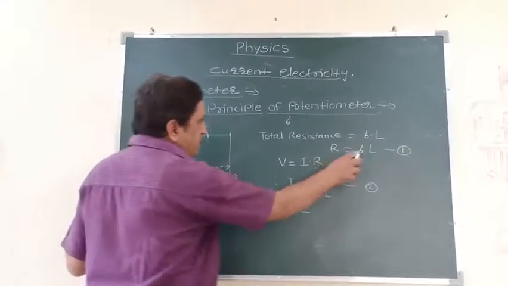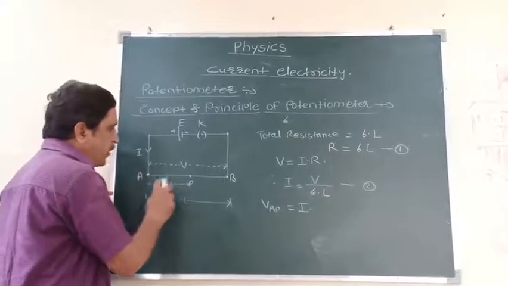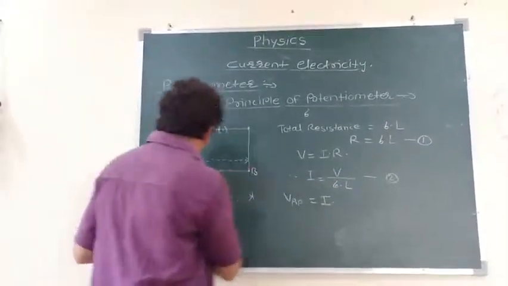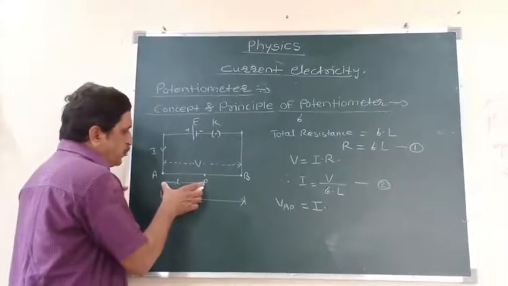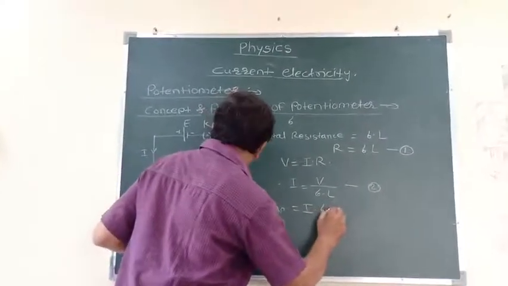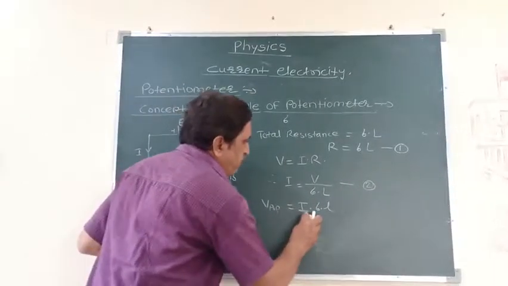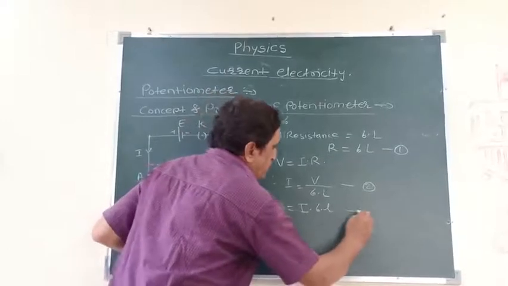If sigma is the resistance per unit length and small l is the length of wire between these 2 points, then the resistance of wire AP is nothing but sigma into small l. That means VAP is equal to I into sigma into l. Equation number 3.